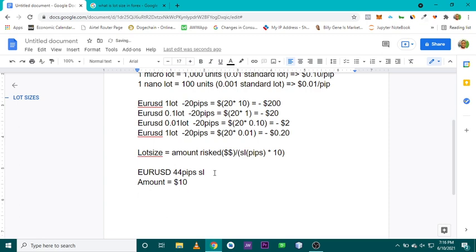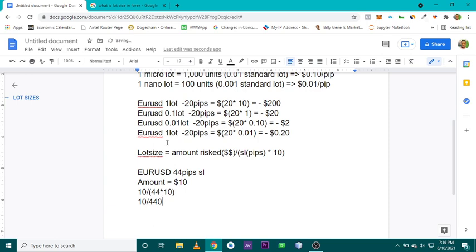So we are going to say 10 divided by, and this bracket means you multiply the stop loss, 44, times 10 first. So this will be 10 divided by 44 times 10, which gives us 440.